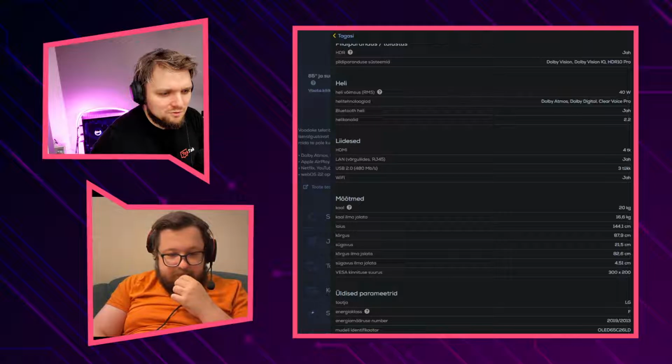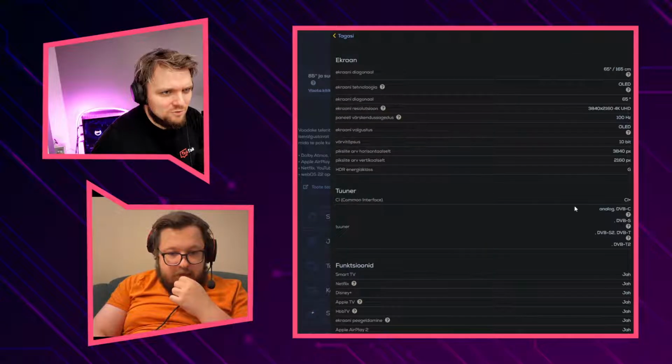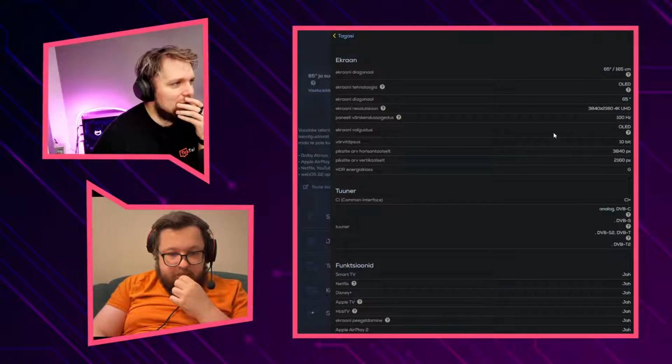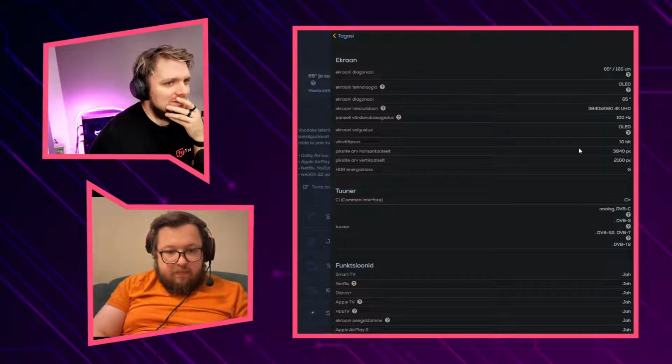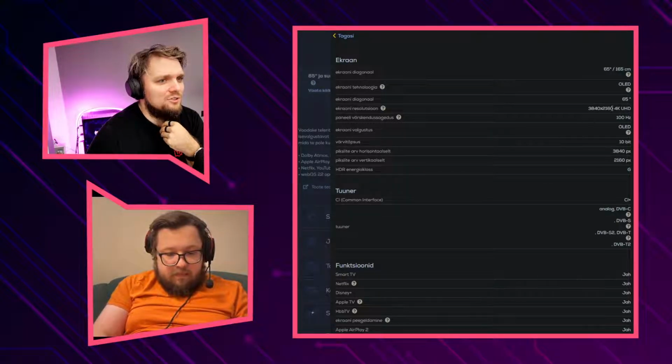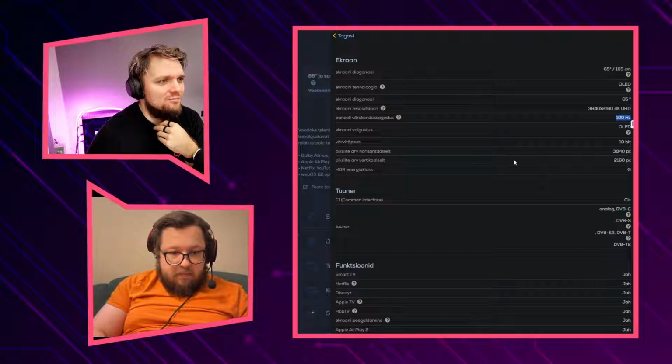Okay, so basically this C2 is already, you can't watch it in HDR because it's already exceeding the power draw. What? This is interesting. That might be it. Maybe they only have to ship 100 hertz or something.